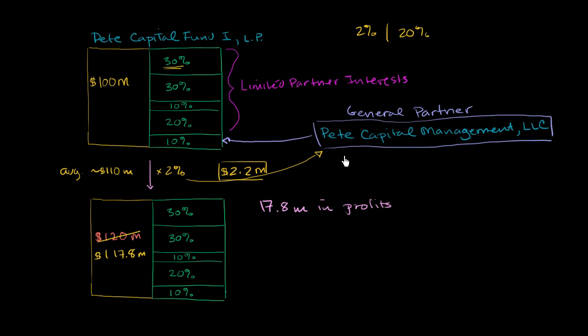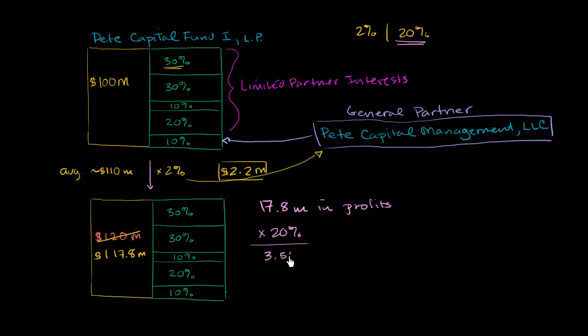The way that we've set up the performance fee, or the carried interest, is that Pete gets 20% of it, or more particularly, the general partner, Pete Capital Management LLC, the partner that is managing this fund, will get 20%. So let's multiply that times 20%. And what does that give us? That gives us 3.56 million.